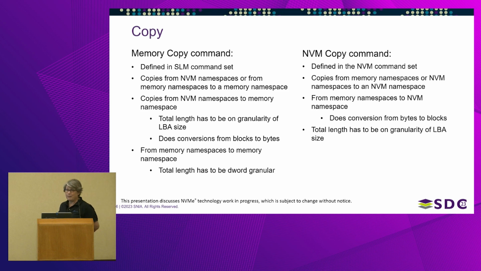Similarly, the memory copy command is used for copies where a memory namespace is the destination of the copy. So that can copy from an NVM namespace to a memory namespace, or it can copy from a memory namespace to a memory namespace.